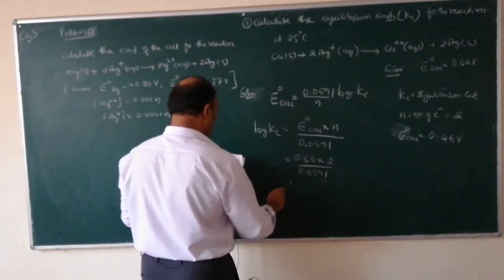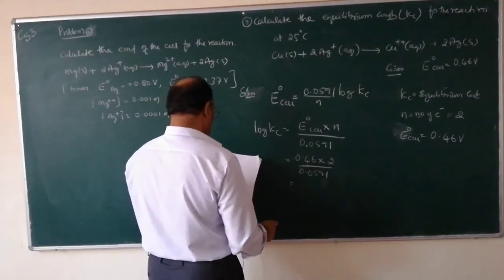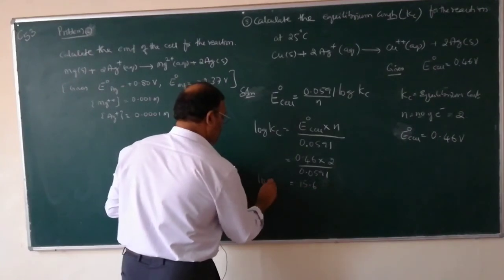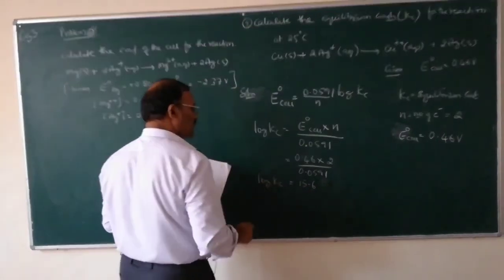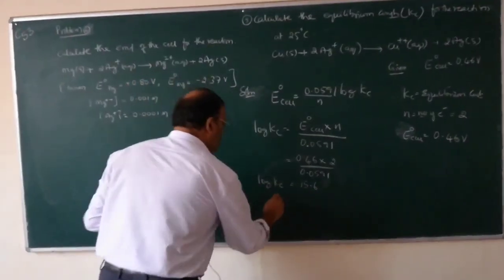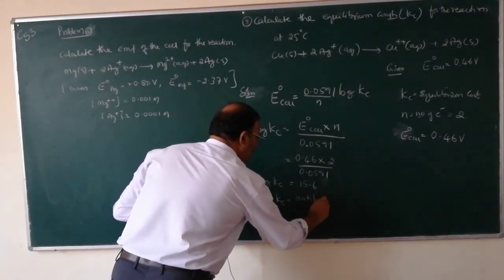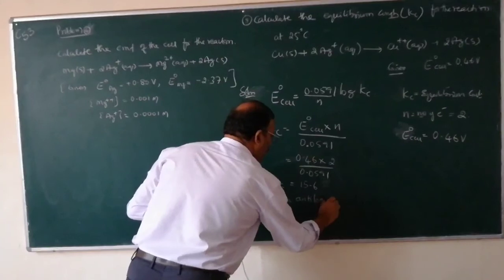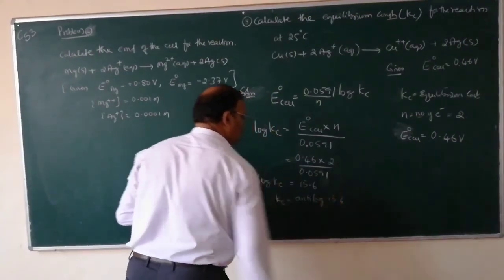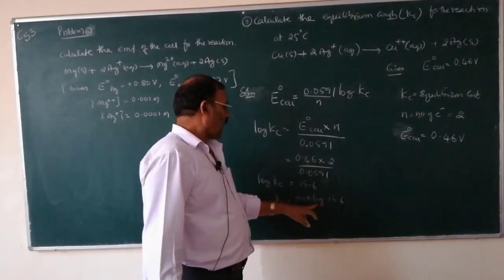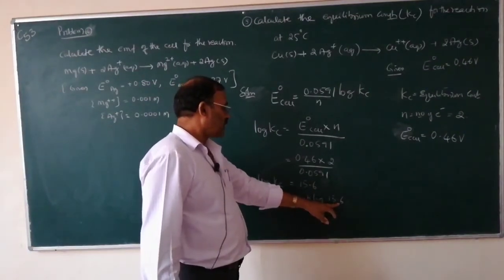So this is equal to 15.6. This is log Kc is equal to 15.6. Then Kc is equal to anti-log of 15.6.